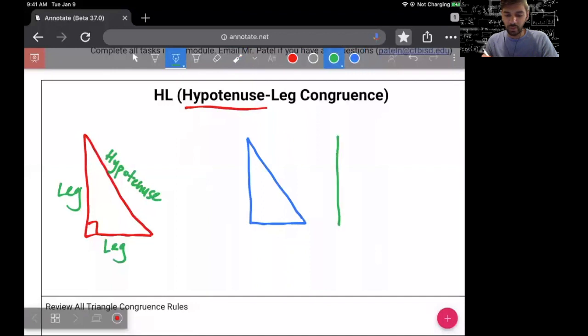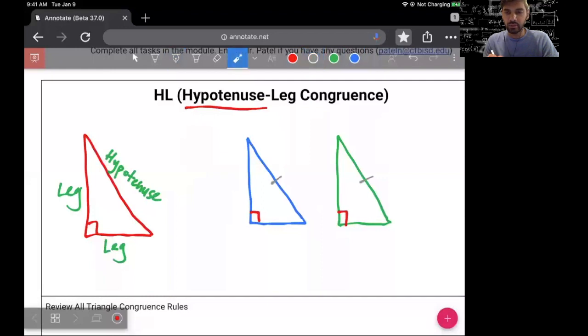I'm going to draw two right triangles. And we know for a fact that both of them have right angles. So it only works if you have right angles in the triangles. Now, hypotenuse-leg congruence means that the hypotenuse of each of those triangles are congruent.